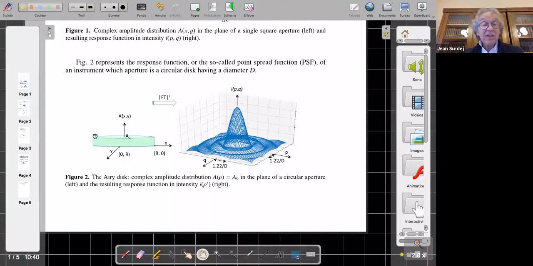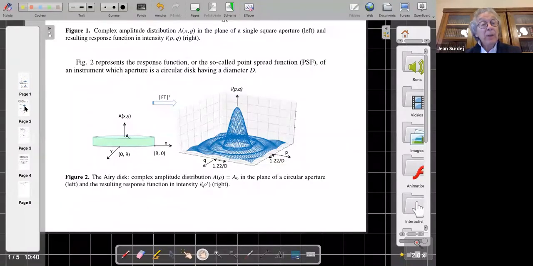The distance between the two first minima, here is the first minimum, here is the second minimum, is in this case 2.44 lambda over D, where D is the diameter of the aperture. Of course, when you use your interferometer with two apertures, you presuppose that none of the single apertures is capable of resolving the source, and therefore you use an interferometer.